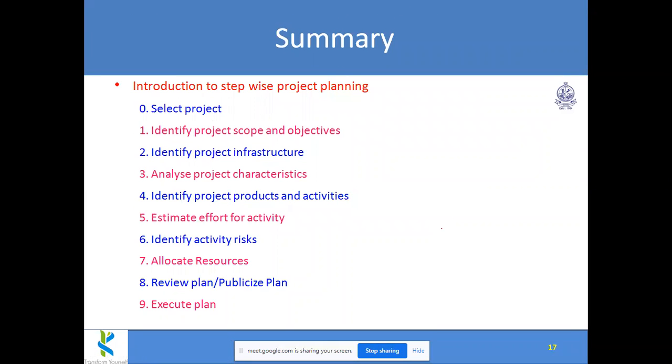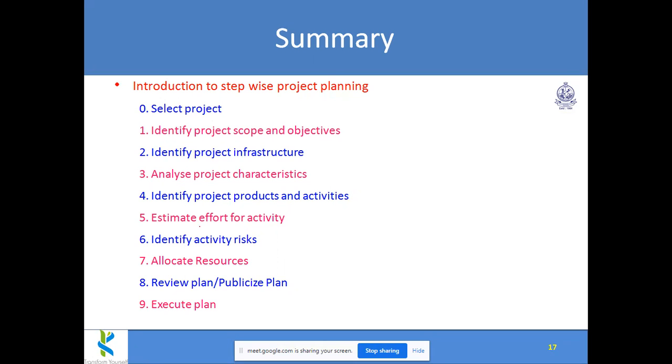Okay. So this is all about stepwise project planning. All these steps are carried out one by one with caution. If a big financial consideration is there for the project, we follow them. For a very small project with no financial benefit, we don't need to follow them. But unofficially, we are going to do all these, though we don't know that we are doing all these steps.